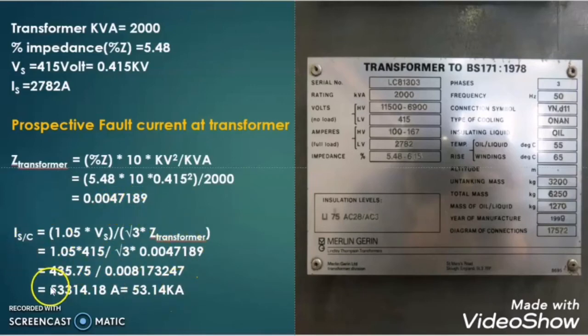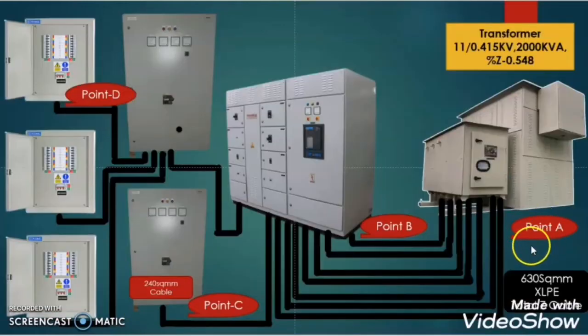Then we will calculate this value. Then we will come to know that the prospective short circuit current at the transformer is 53.14 kilo ampere.